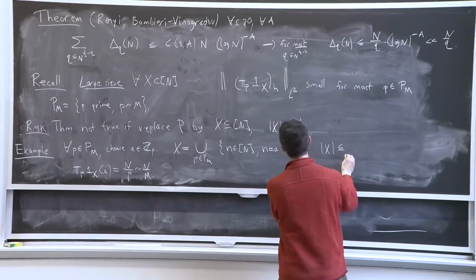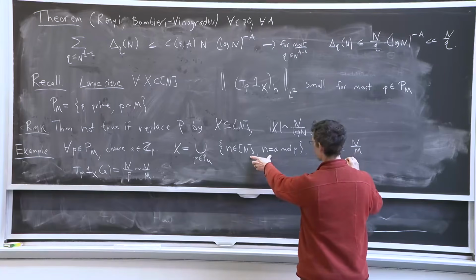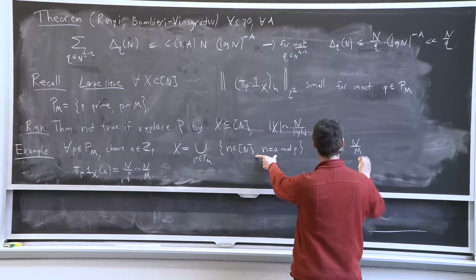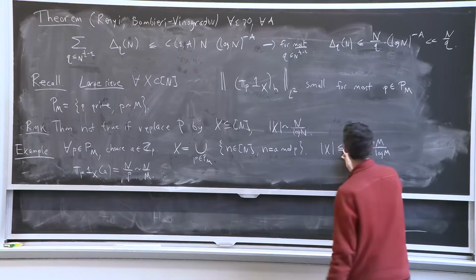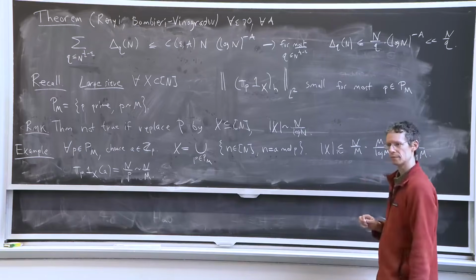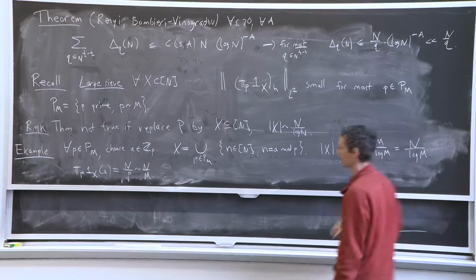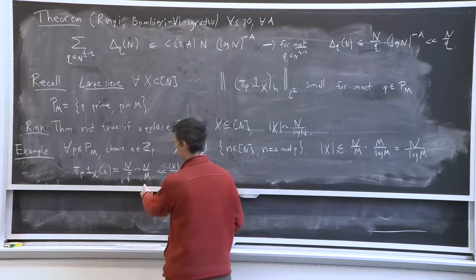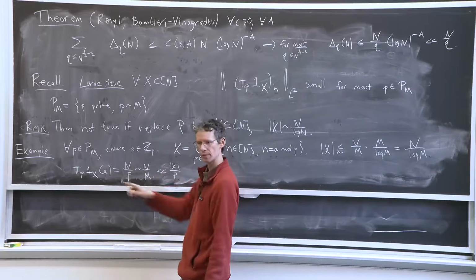So the size of x is at most, there will be about n over m numbers in this moduli class. And then there are about m over log m primes. So it's something like this. So this set is a smallish fraction. It's much less than all of them. So this is way smaller than the size of x over p. So this guy is seriously overrepresented, and it happens for every p.